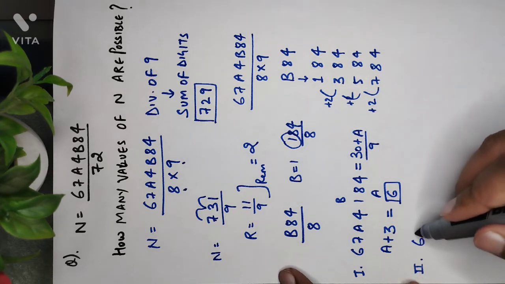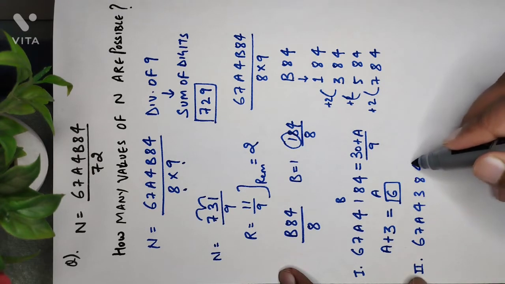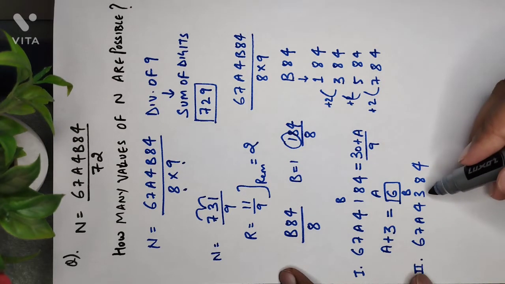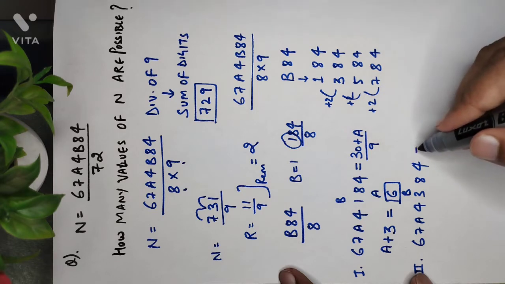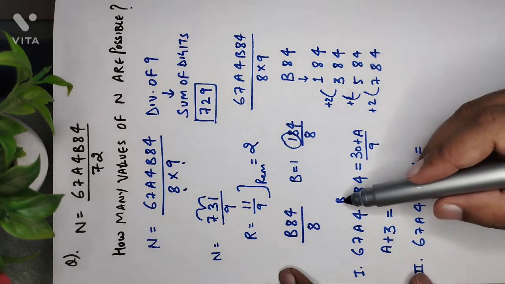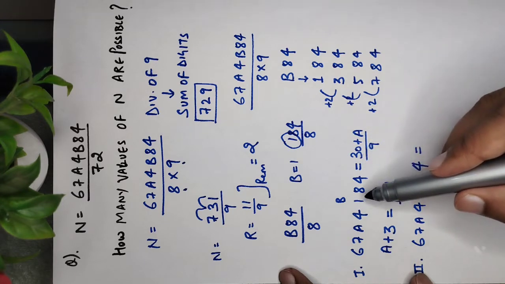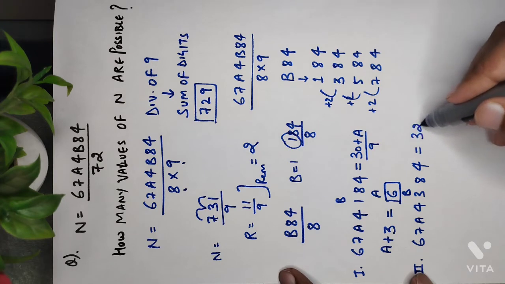Let us see another case. The other one is 6 7a 4 3 8 4. Now b is 3 over here. Again, if I add all of them, b was 1 before, so we got 30 plus a. If I increase b by 2, I get 2 extra, that is 32 plus a.